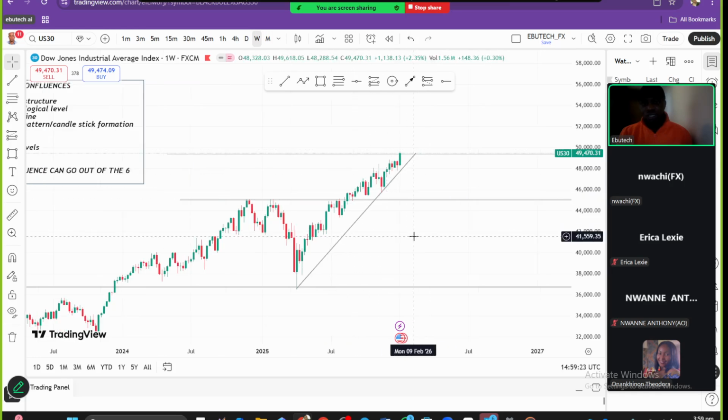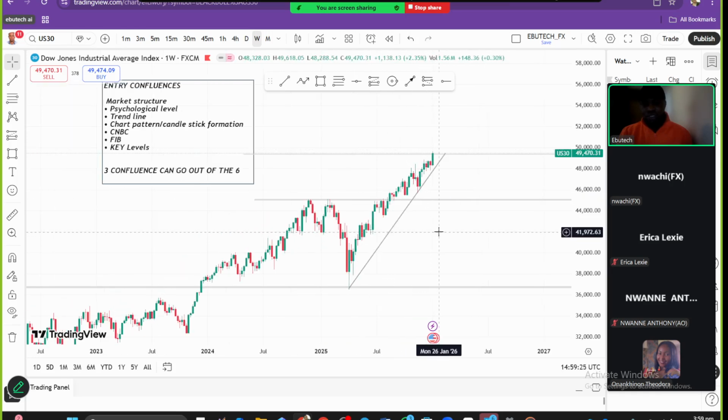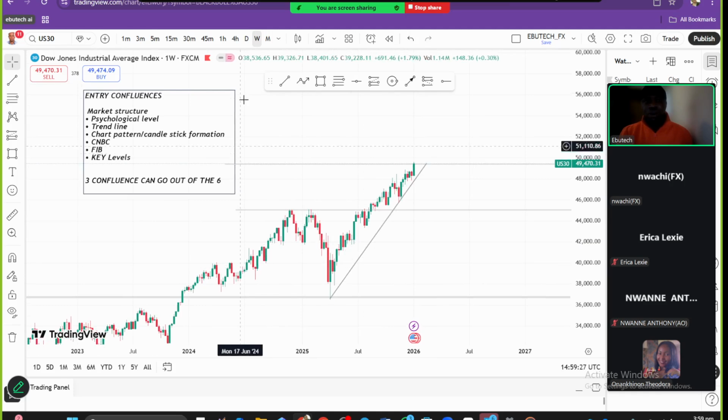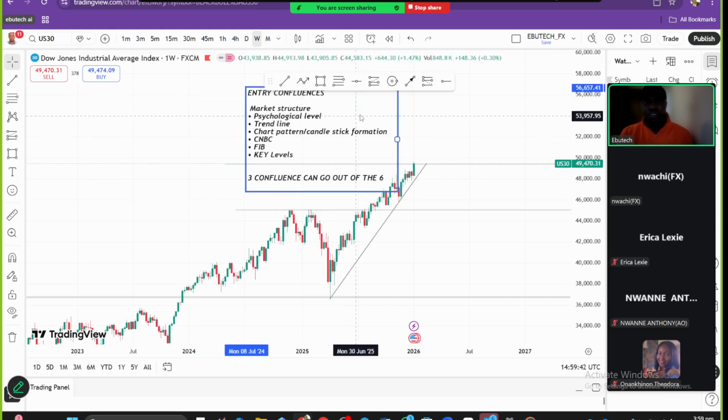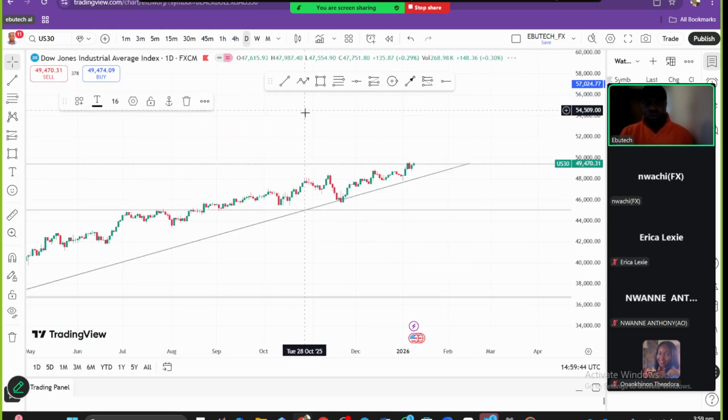As we all know, US30 is an uptrend, right? So now on the weekly, we saw a trend line here. Then we marked it out. This is a trend line, as you can see. So now we'll go to our daily.